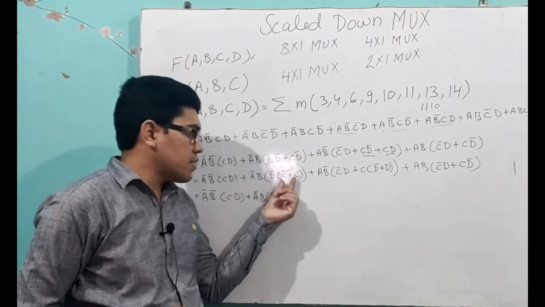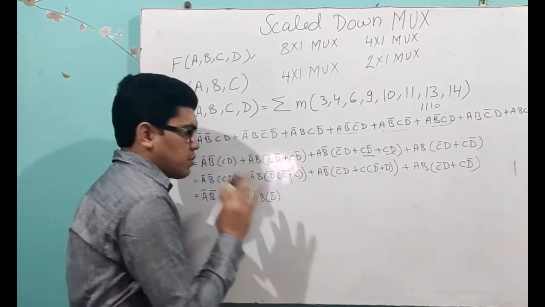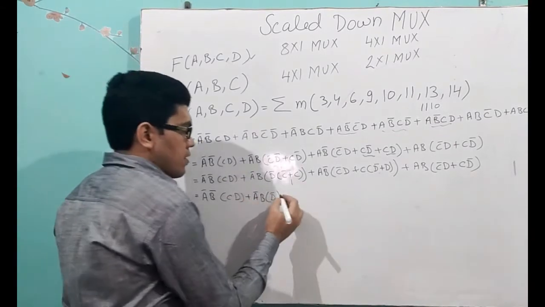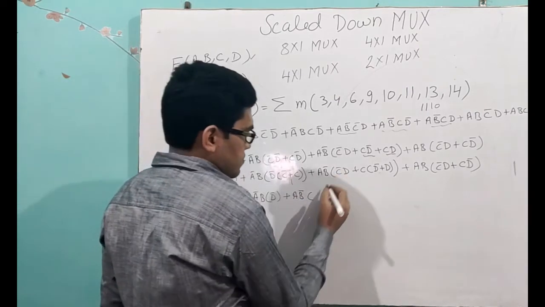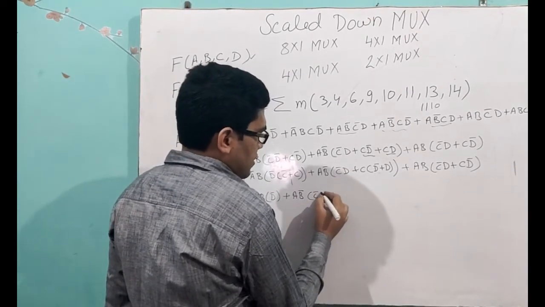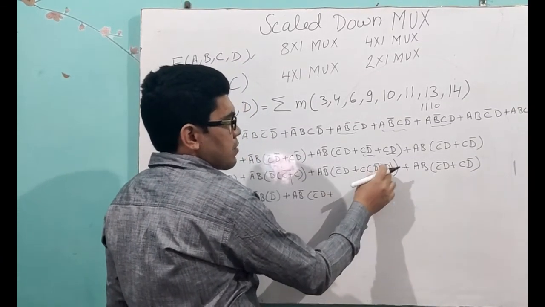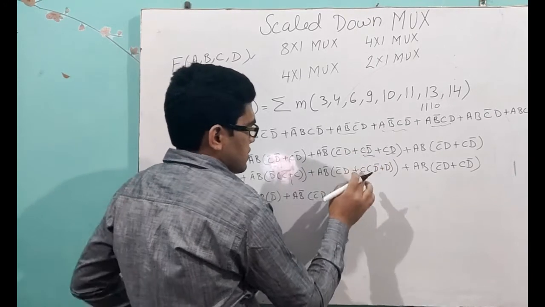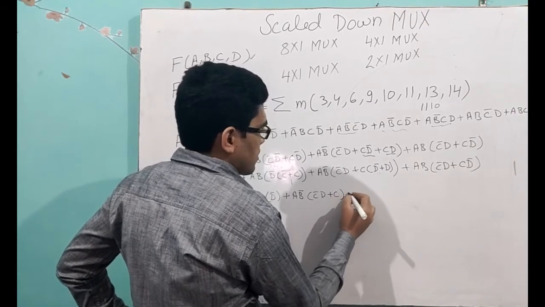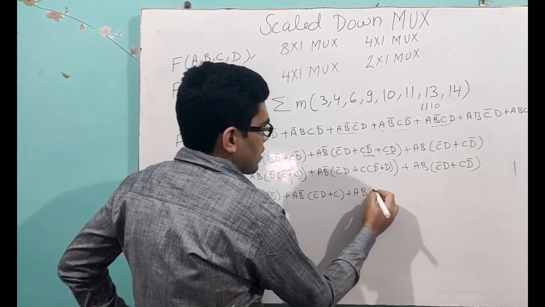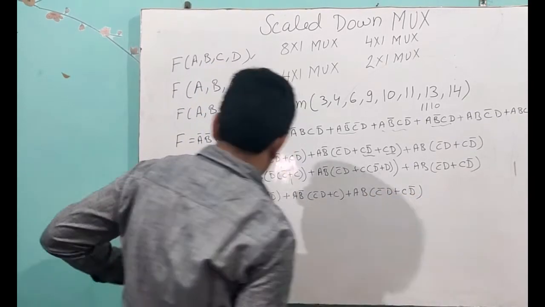Since C bar plus C is 1 and 1 into D bar is D bar, only D bar is left here, plus A B bar C bar D plus, here also D plus D bar is 1, and 1 into C is C, so it is only C, plus AB C bar D plus CD bar.